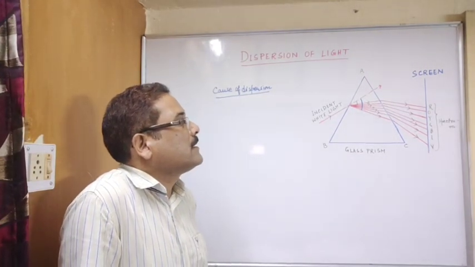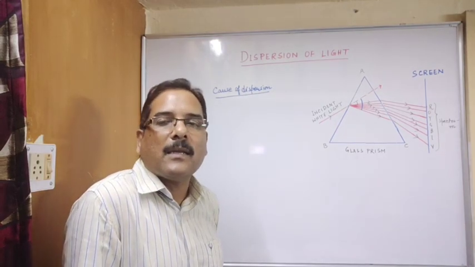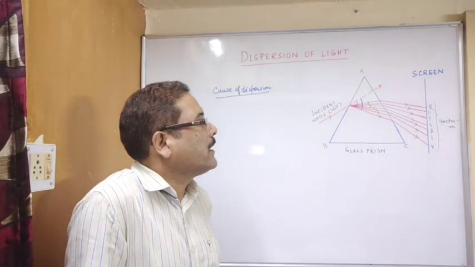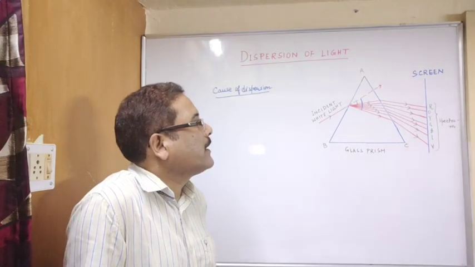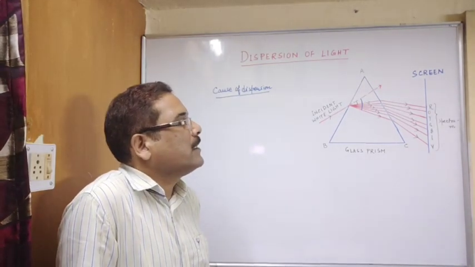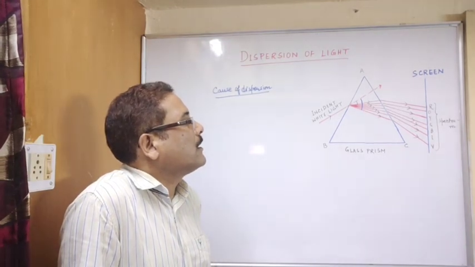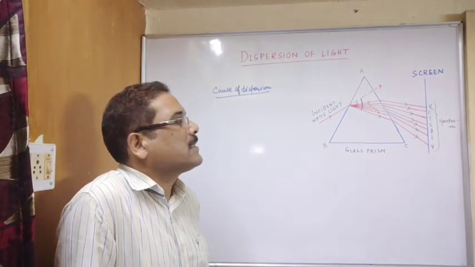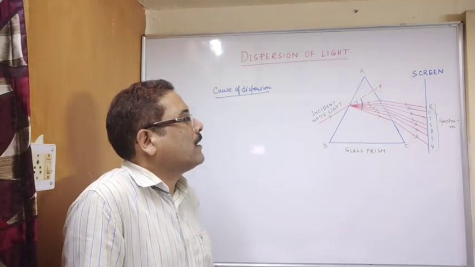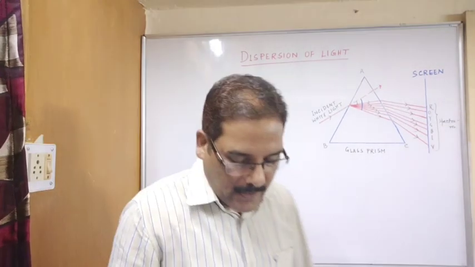Since deviation is very less in red color because it has the highest wavelength, that's why red color is used for danger signals, because in this color deviation is very less and it is visible to us from far distances.